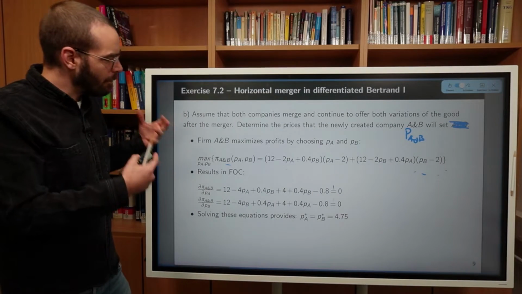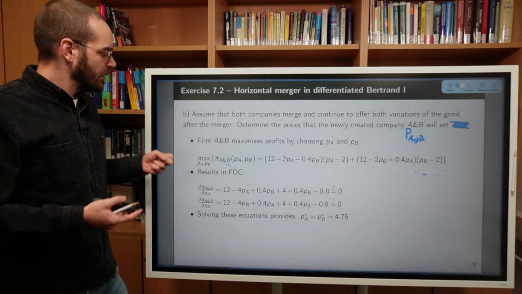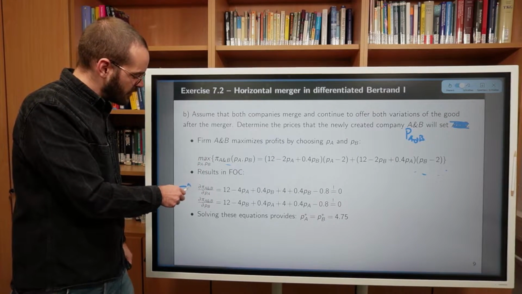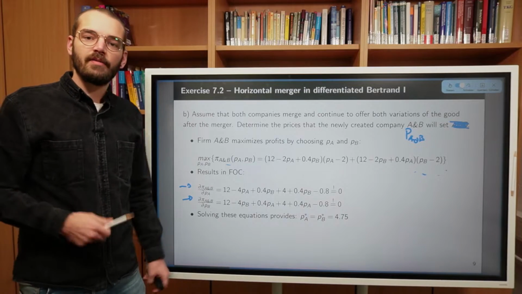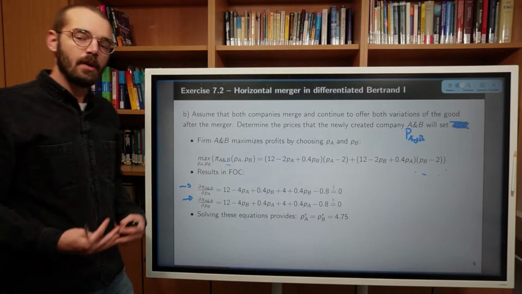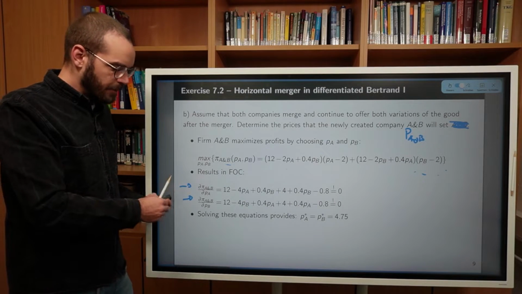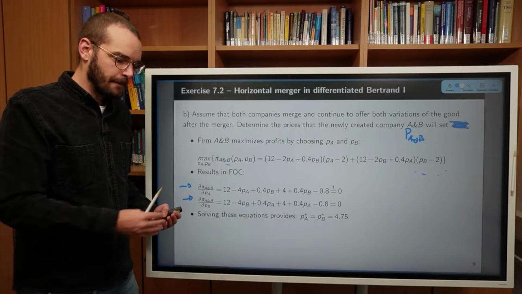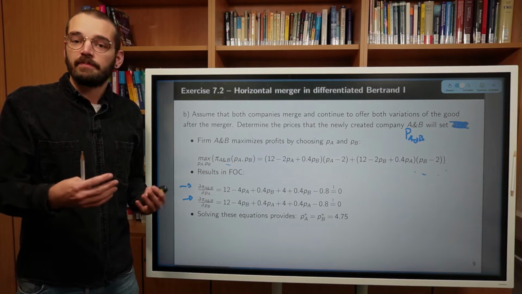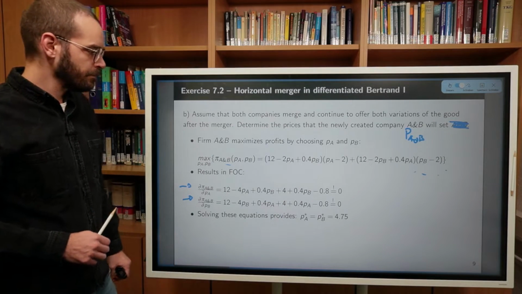How do we find the maximum of this function, which depends on PA and PB? We start by stating the first order conditions of a maximum of this profit function, or in a more economic sense, we find the profit maximizing strategies for the parameters of choice, the prices for each of the goods.